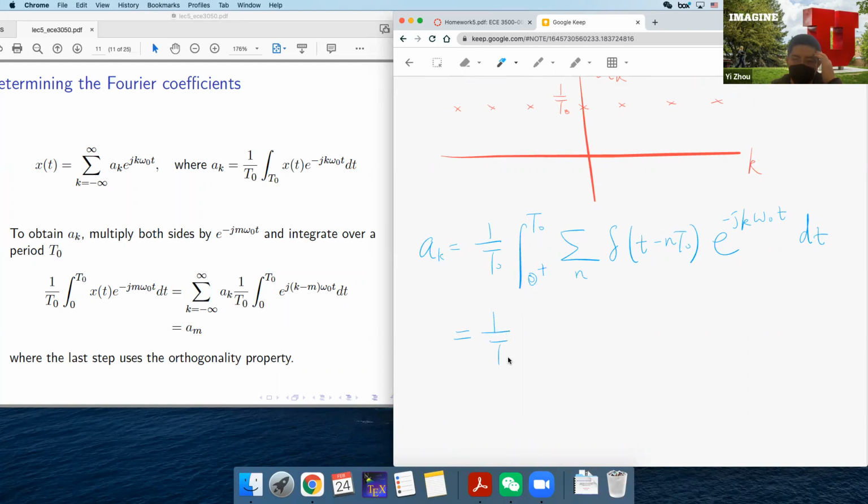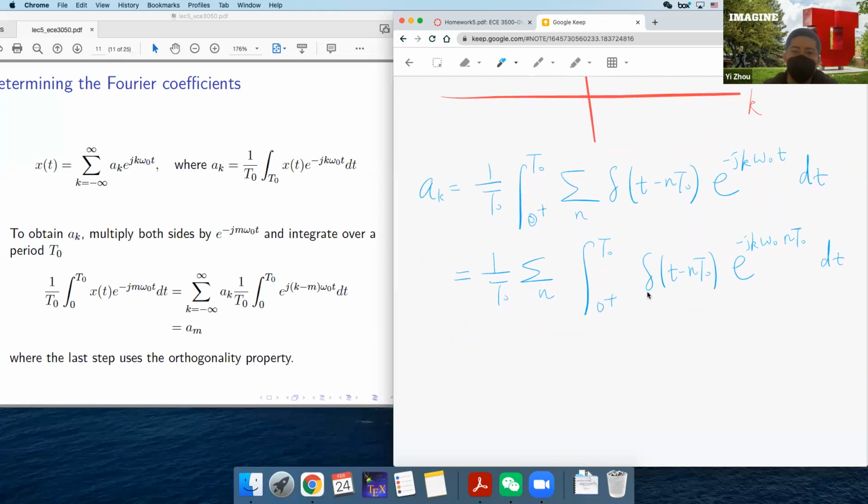We have 1 over T naught, sum over n, and integrating e^(-jk omega naught t) dt.